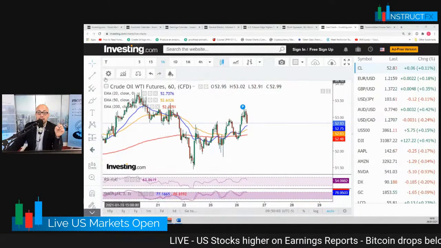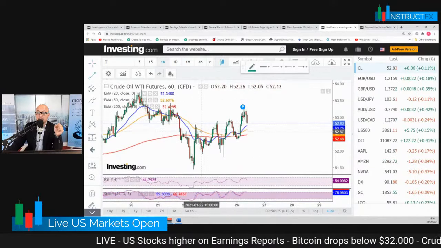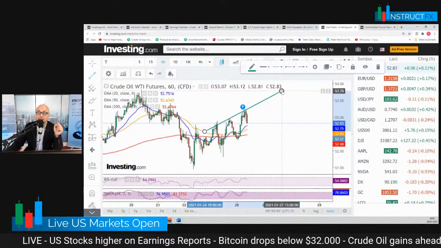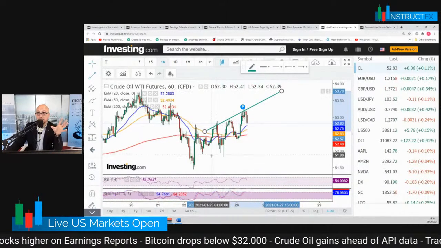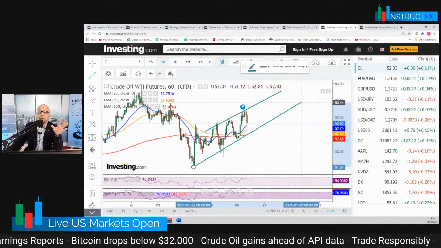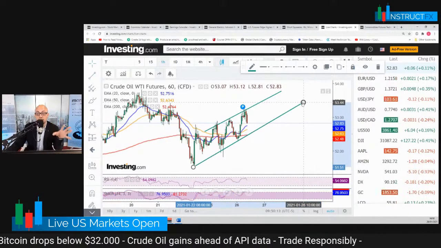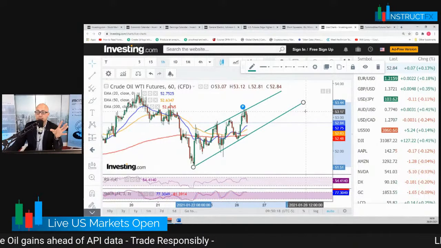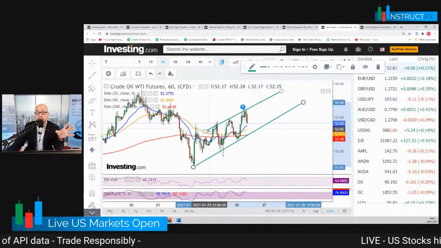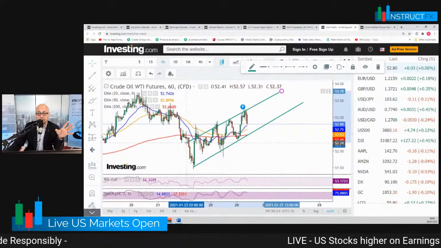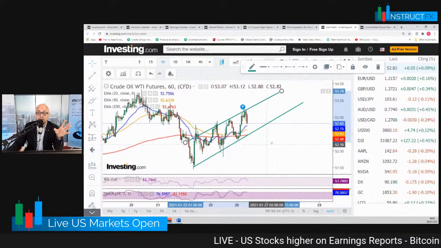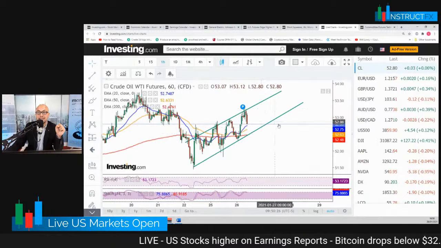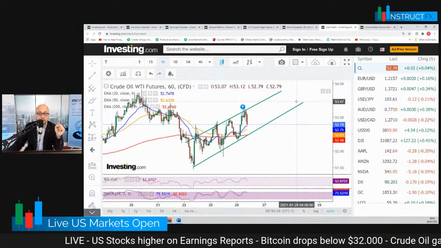Okay, one other thing that leads me to think we might see the prices going up in a while is that the market keeps creating higher highs and higher lows. Remember that downtrend channel that we had on Bitcoin a minute ago? Well, on crude oil WTI, it seems to be an uptrend channel. In the uptrend channel, you're going to have the price moving up and down and testing both trend lines.